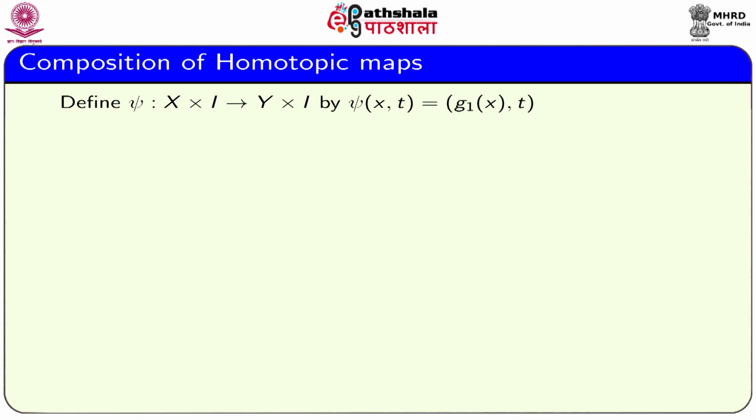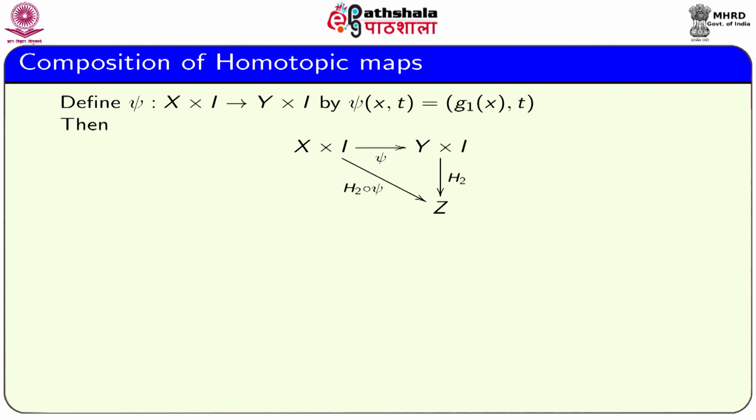Now we define the map psi from X cross I to Y cross I given by psi(x,t) equal to (g1(x),t). Then we again have this commutative diagram that psi is a map from X cross I to Y cross I, which is continuous.